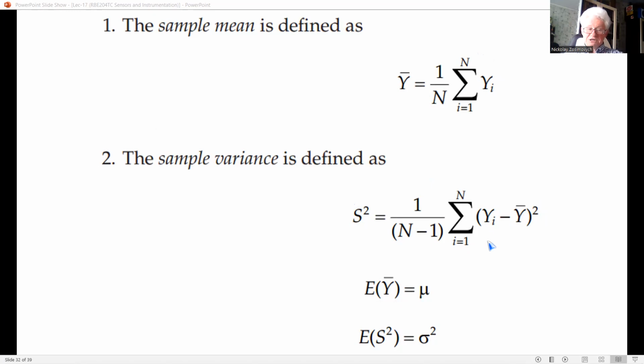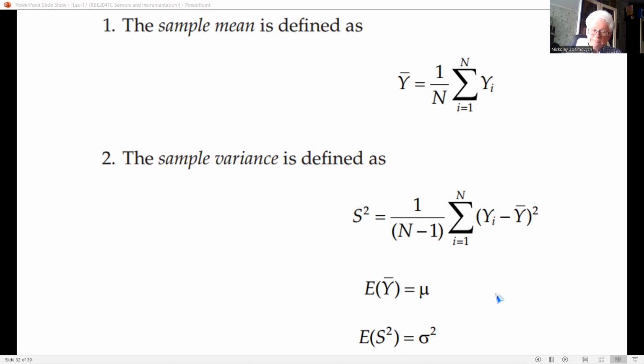These two quantities are known to be unbiased estimates. Specifically, the expected value of the sample mean equals the true mean, and the expected value of the sample variance is equal to the true variance sigma squared.